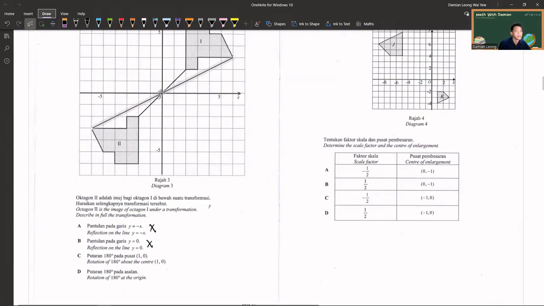Okay, they will intersect at the center of rotation. So center of rotation is at the origin. Pusatnya pada asalan. So answer D.